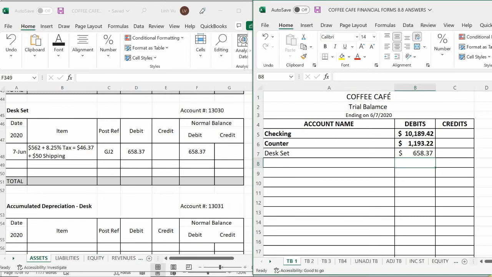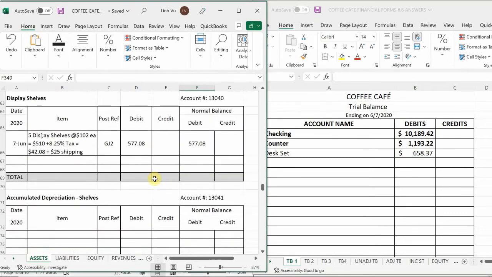That's all I'm using this for. So this isn't for you to do anything more except to test the accuracy of your accounting. So you don't need to put in word for word. But since I'm already going to fill it out the way I'm going to fill it out, I'm just going to fill it out accordingly. Okay? So in this case, my desk set is for $658.37. Okay?